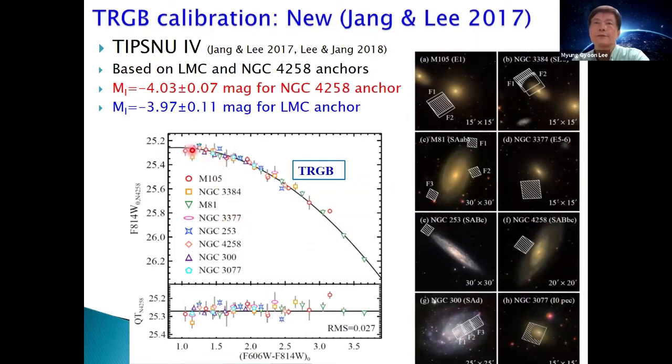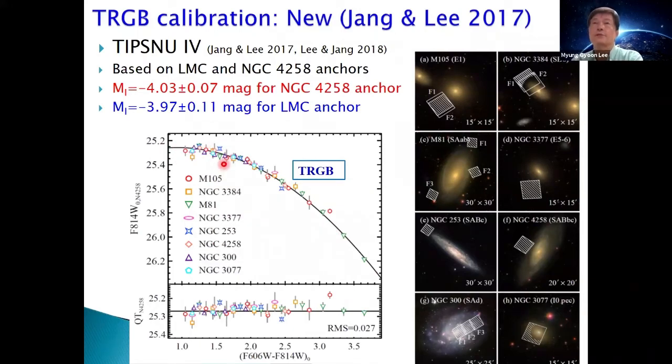So this is the locus of the TRGB for a wide range of colors. The blue part is almost constant, almost parallel, but as you go to redder colors, they get steeper. For this measurement in general, you are using only the blue part.